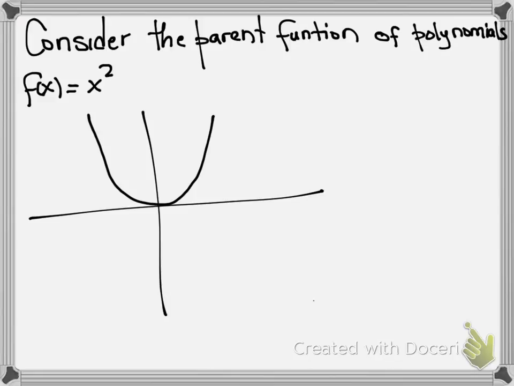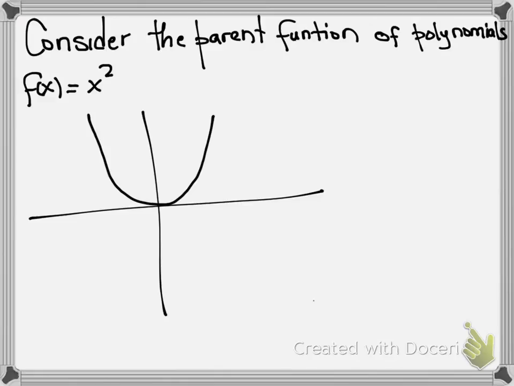If you look at what happens as I continue to the positive x, as x goes to positive infinity, which means 1, 2, 3, it continues. As x goes further and further, the value of y gets higher and higher as well.